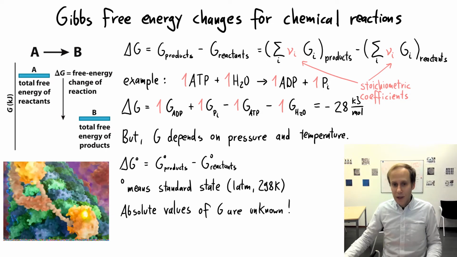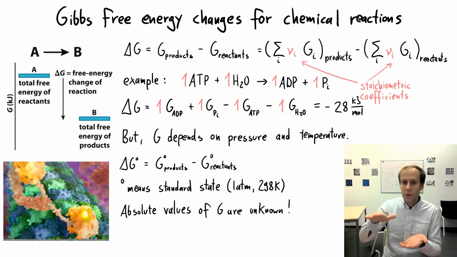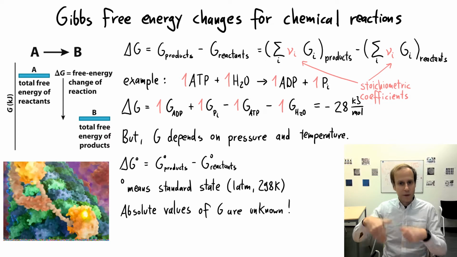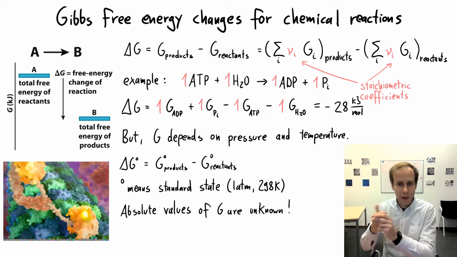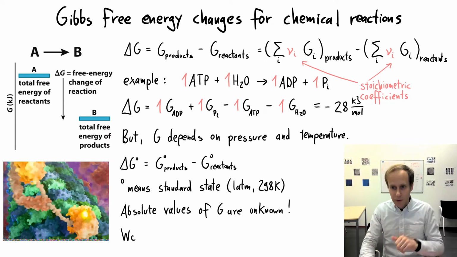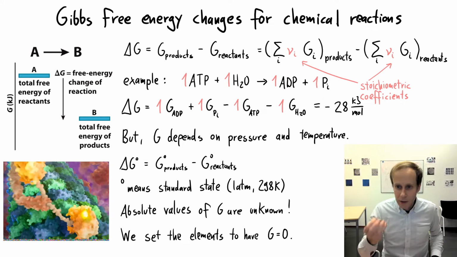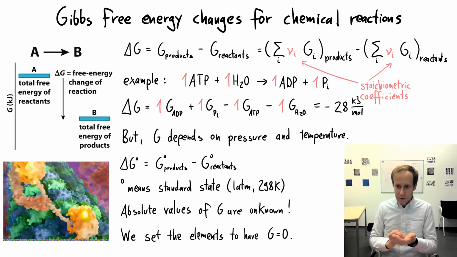So what we can then do is set arbitrarily a value of 0 for the free energy for the reactants and products. And that 0 point is chosen to be when the reactants and products are at their elemental state.